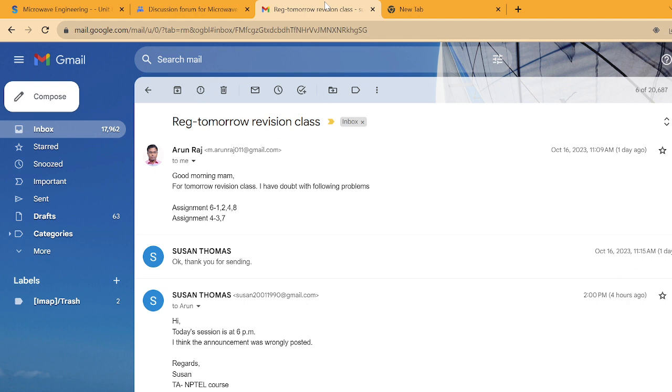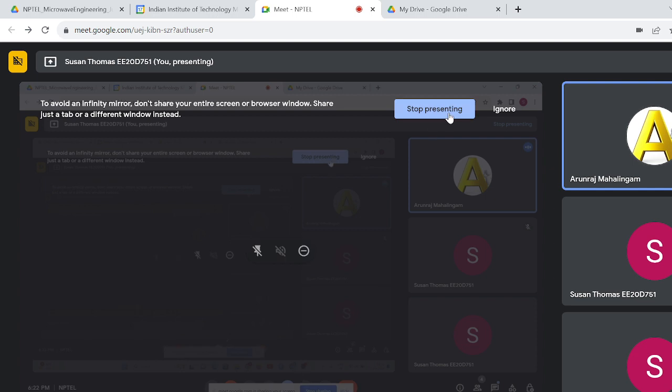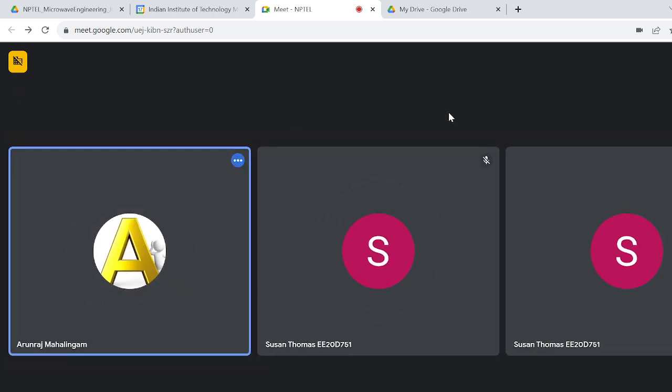Capacitance value 1.6 picofarad. Sorry, not nanohenry, 1.6 picofarad.